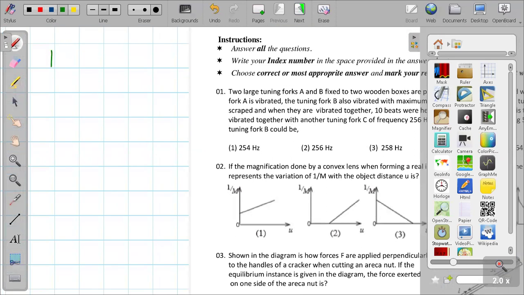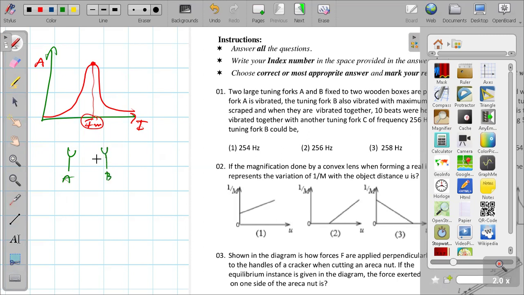You have to remember this graph of intensity and the amplitude. So the maximum intensity with maximum amplitude occurs when the object is oscillating at the natural frequency. So that means tuning fork A and tuning fork B are identical.